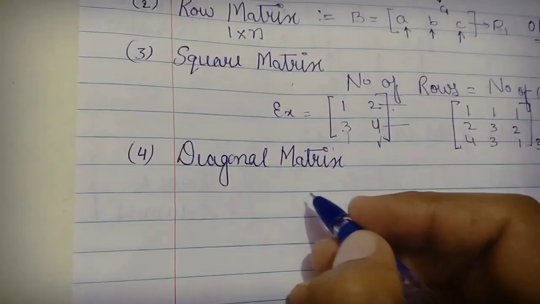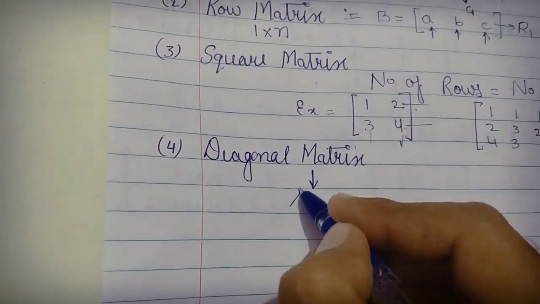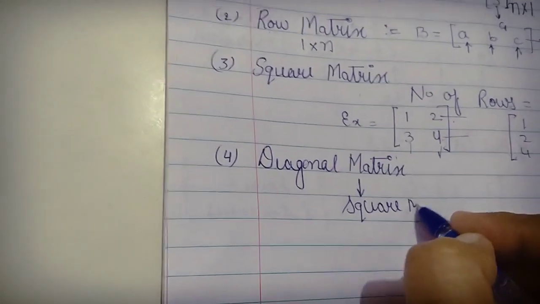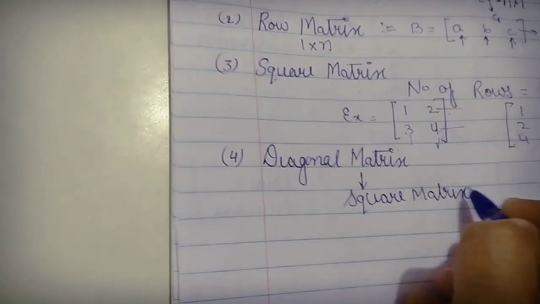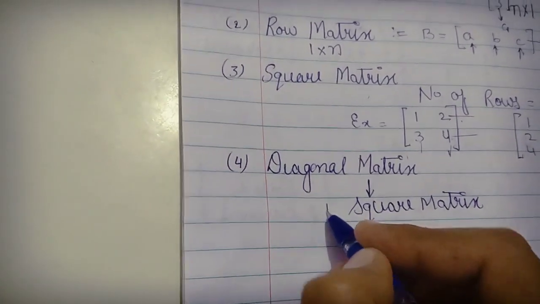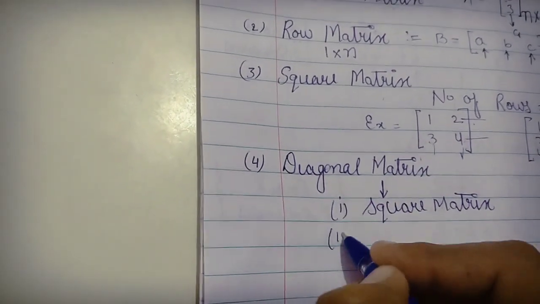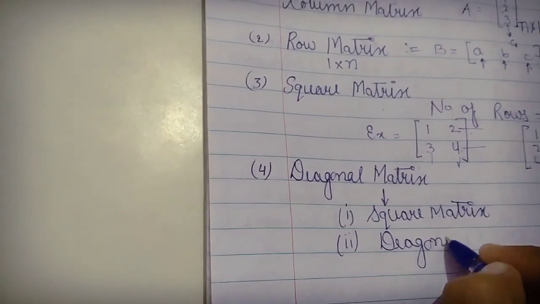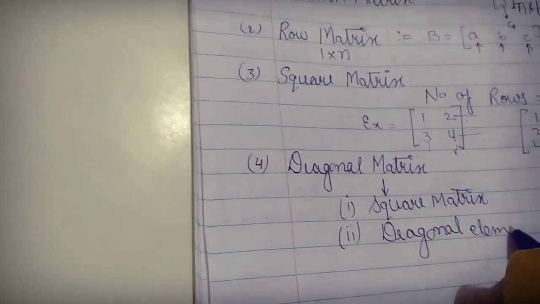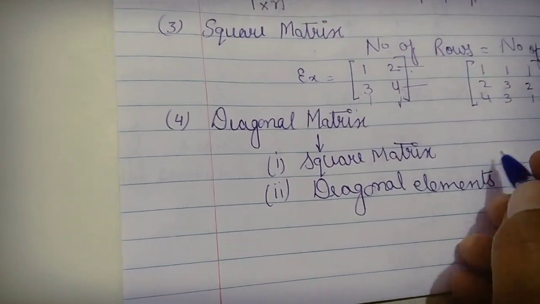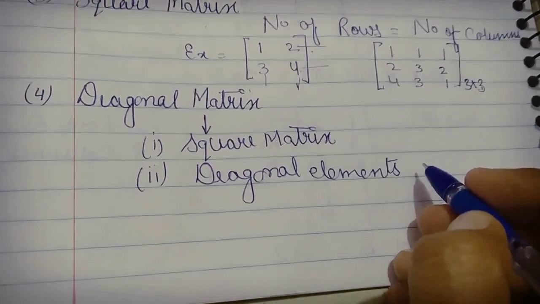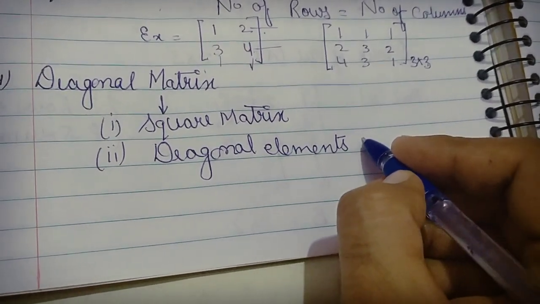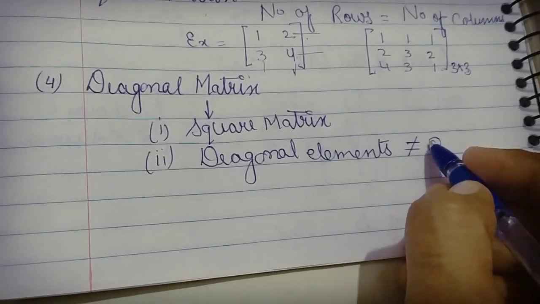What about diagonal matrix? First condition, it must be a square matrix. Second, diagonal elements will exist and these diagonal elements can't be equals to 0.